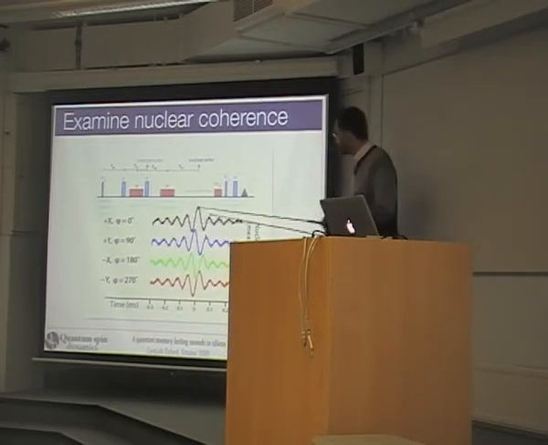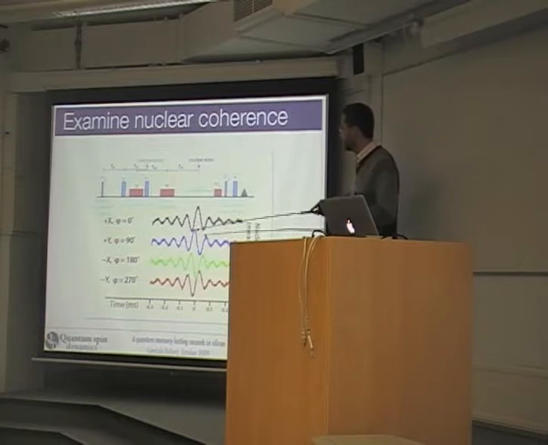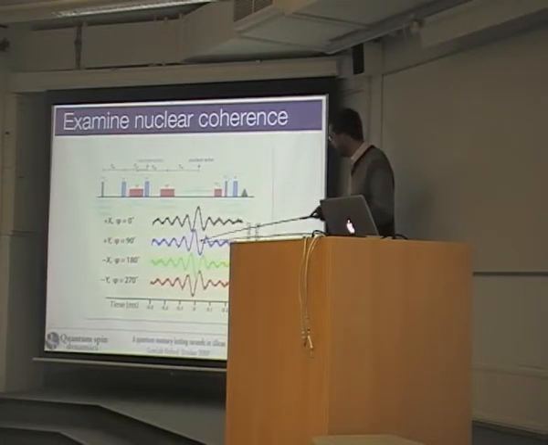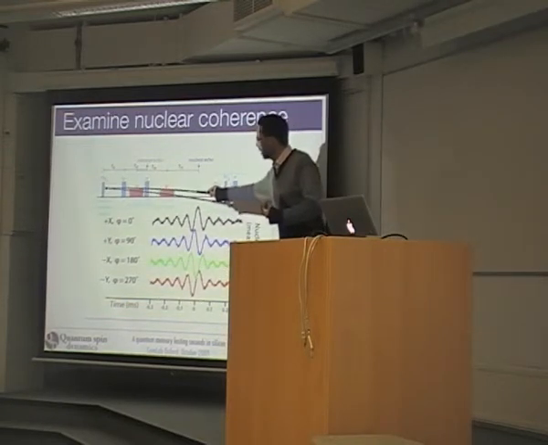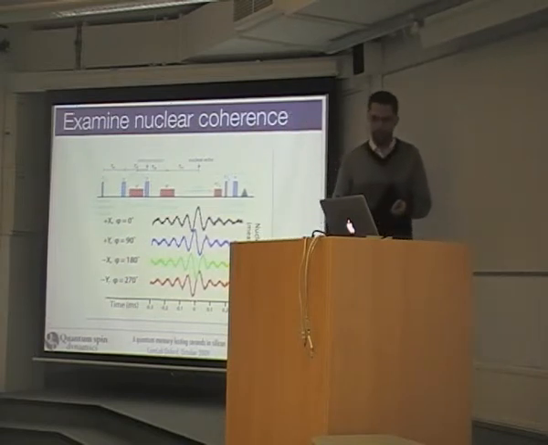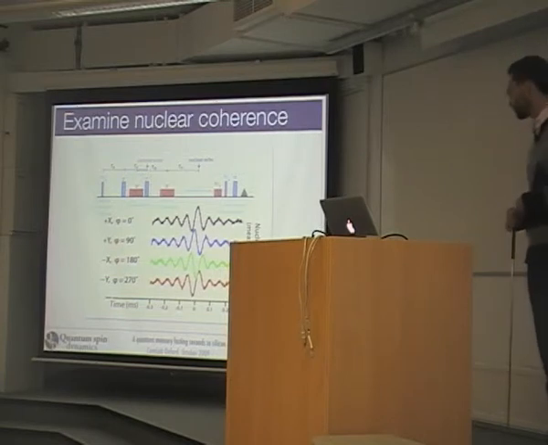And so this measurement is essentially a measurement of the nuclear magnetization during the middle of the memory process. You can see that the nucleus itself also has a phase which is also varying with the phase of the original electron coherence that we generated. So indeed, we're storing this state in the nucleus and then getting it back out.